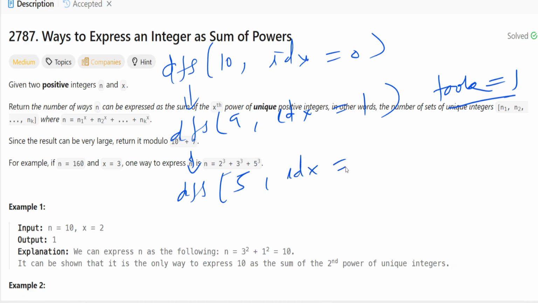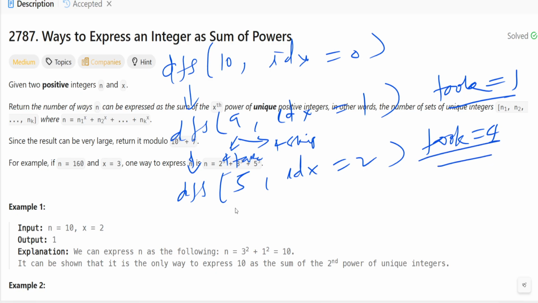IDX is 2. What we'll say, let's take 4 here, because we have chosen either here we will take 4 or we'll skip here. Either 4 take or 4 skip, and only two chances are there for the DFS. So when we are taking 4, how many remaining is left? Remaining is left 5, right? Once we have taken 4, the remaining is coming 5.